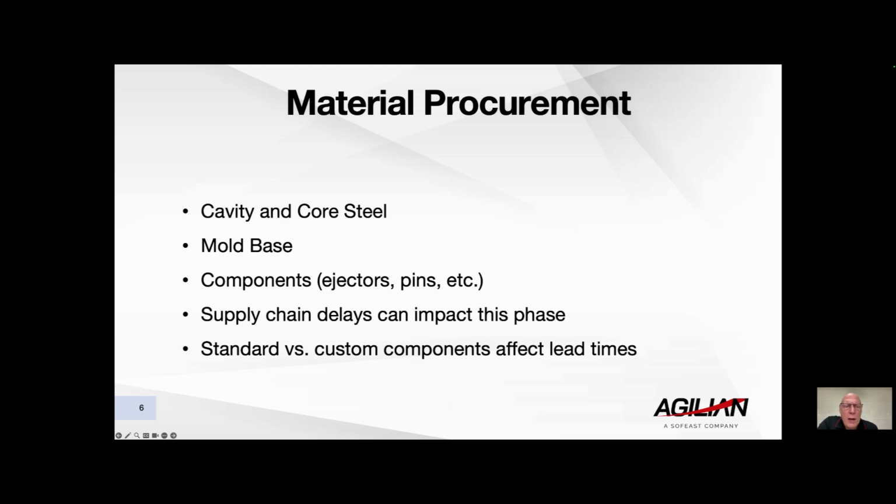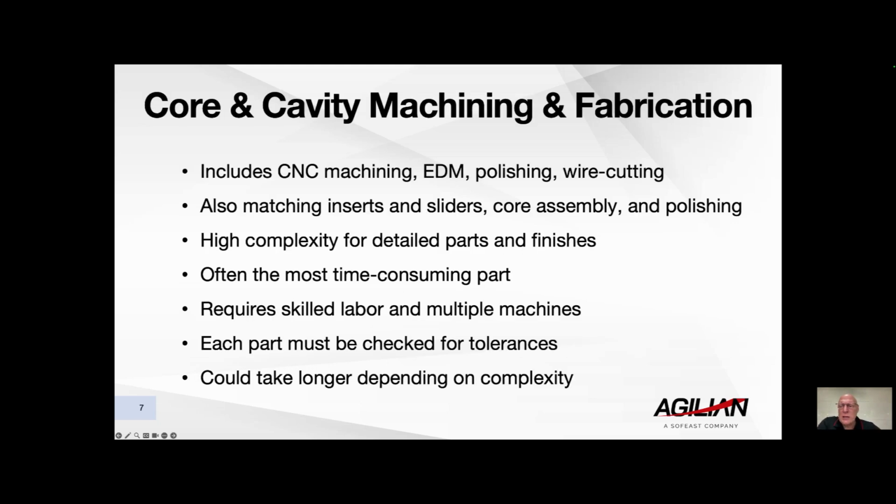So, core and cavity machining and fabrication next. This is where we're really looking at the different processes in order to actually machine out the shape of the component into the steel itself. Now, that would include CNC machining, EDM, which is spark eroding, polishing, wire cutting.